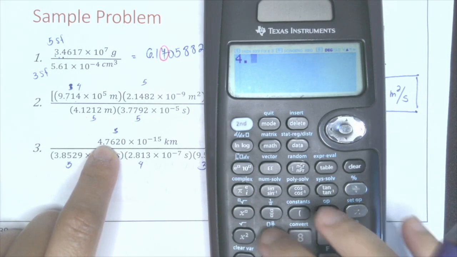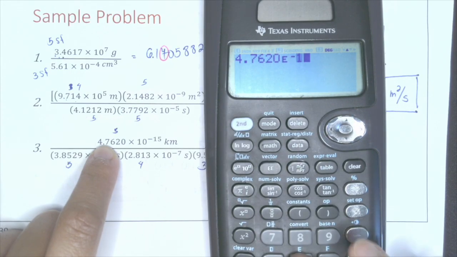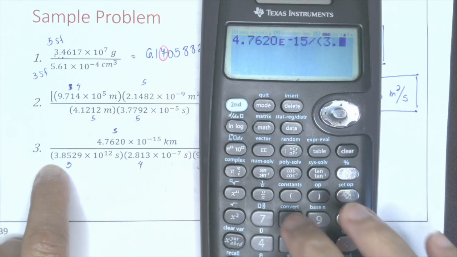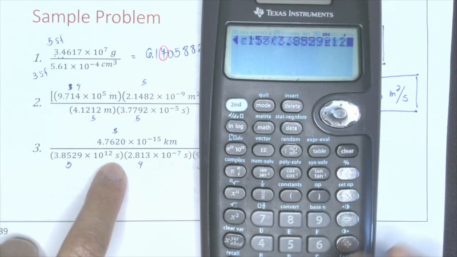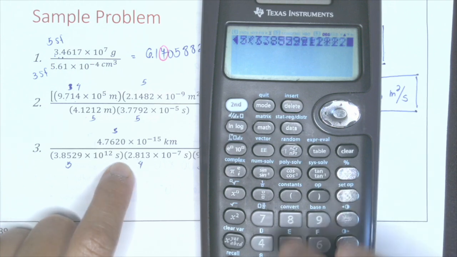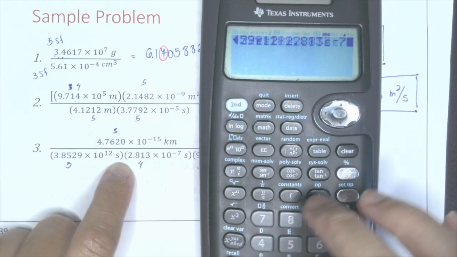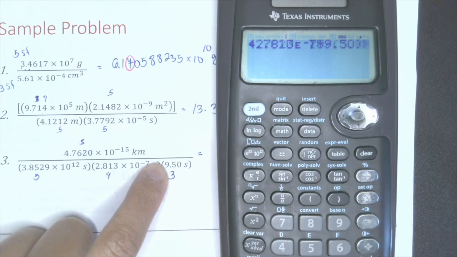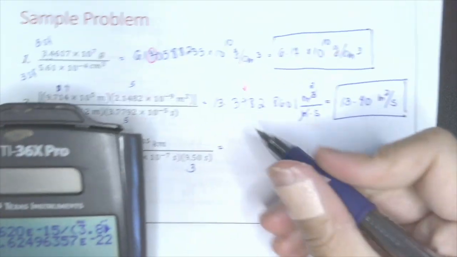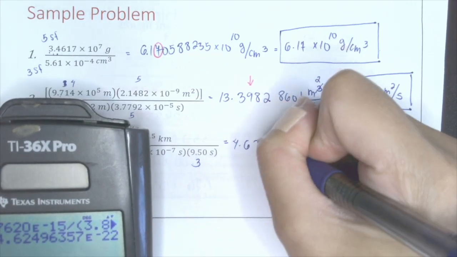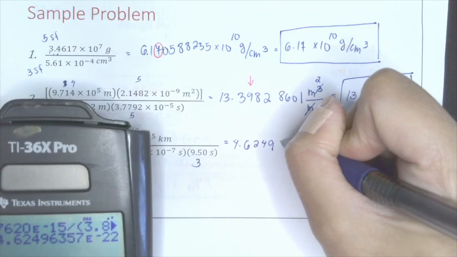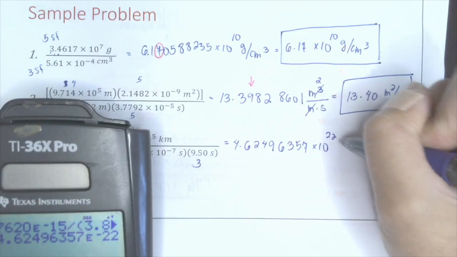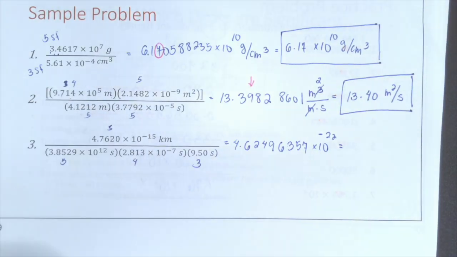So 4.7620 to the negative 15th divided by 3.8529 to the 12 times 2.183 to the minus 7 times 9.50. Okay, this gives me 4.62496357 times 10 to the negative 22nd.